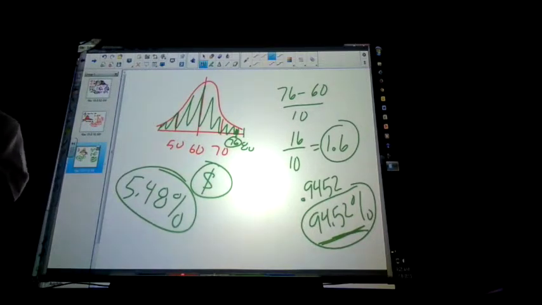Think about it. If 5.48% of those airbags out there will not deploy fast enough, and someone is injured as a result, that turns into a lawsuit. The industry wants to know, can we afford this lawsuit if it comes? Is it a lesser amount of money than it would cost us to develop this airbag to go faster?